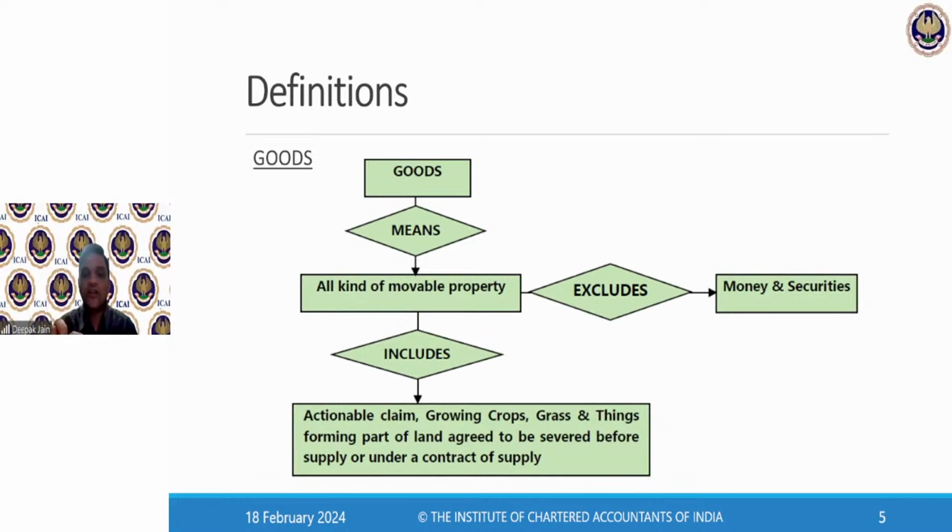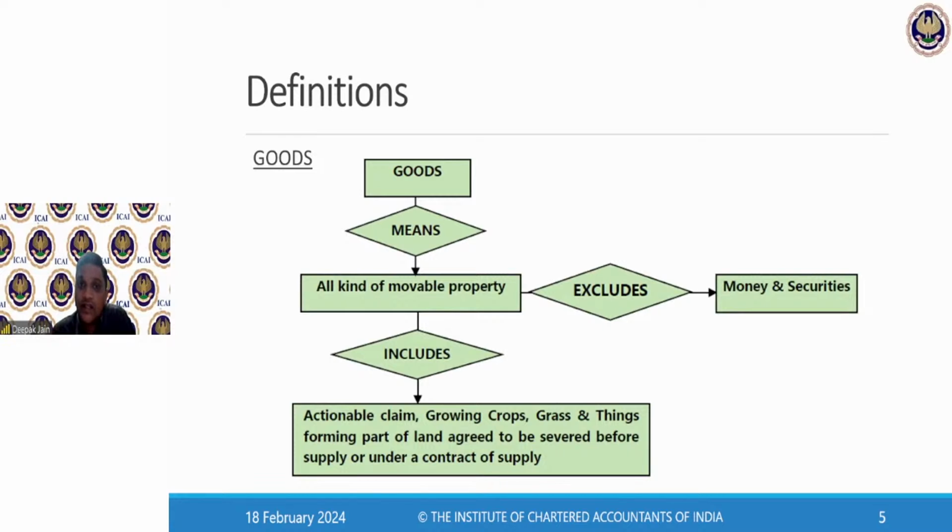Now, what it includes specifically, it says actionable claim. What is actionable claim? It means I have a right to claim something. One of the examples for actionable claim is if you have bought a lottery ticket. Earlier lottery tickets were very famous, now it is all online tickets. But for ease of understanding, say you had a physical lottery ticket. Now hundreds of people have bought it.